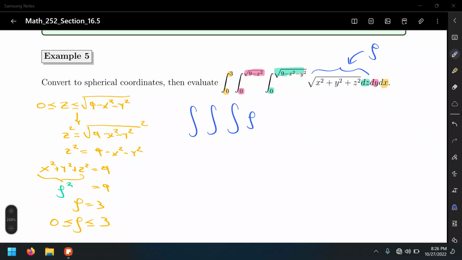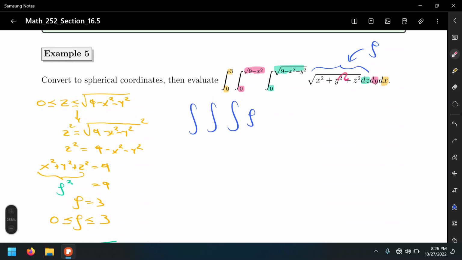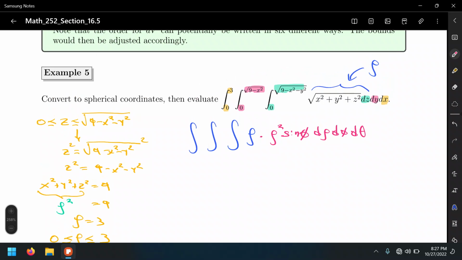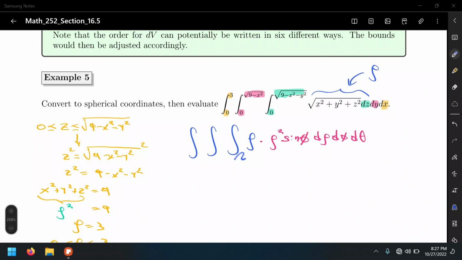Let me write it in a different color just so we can distinguish it from the integrand. So that's times rho squared sine phi d rho d phi d theta. Let's start writing the limits of integration. We already have the limits of integration for rho, which is 0 to 3.